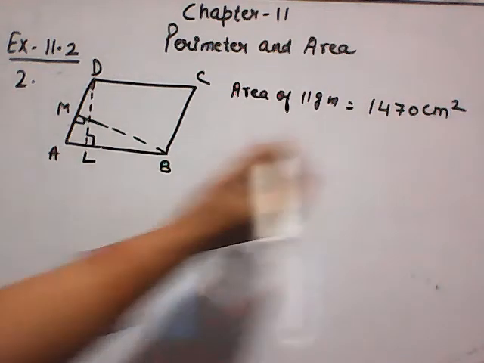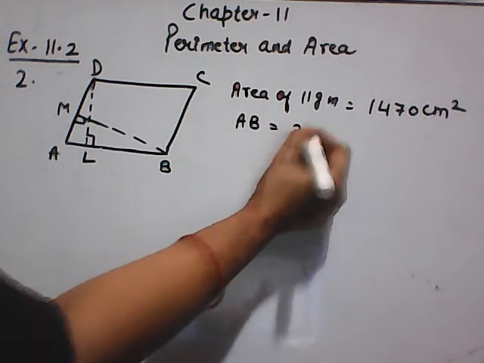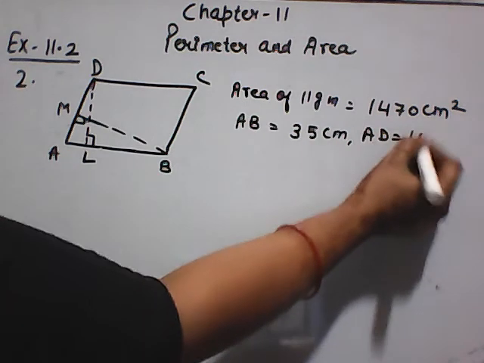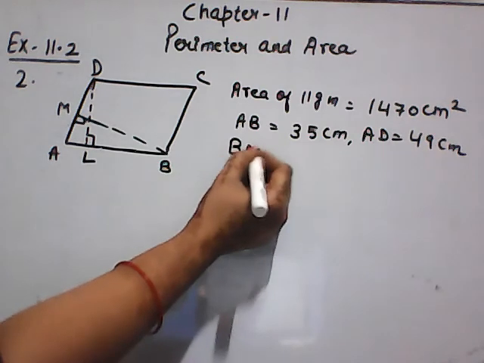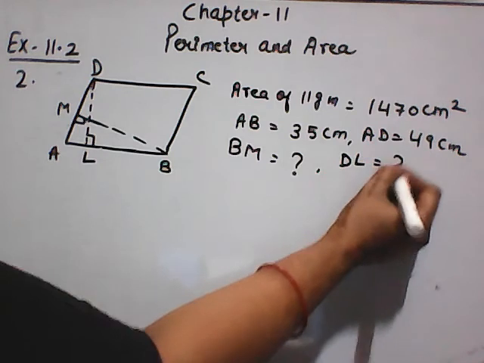It is given to you, and length of AB is also given to you 35 centimeter. Length of AD is also given to you 49 centimeter. You have to find out the length of BM and DL.